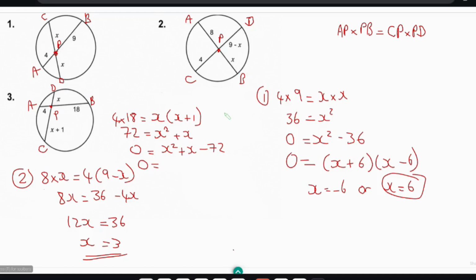So times to get negative 72. Add to get 1. So you've got 1x. We have minus 9. Nope. Positive 9 and negative 8. Because 9 times negative 8 is negative 72. 9 add negative 8 is 1. So x is either equal to minus 9 or x is equal to 8. It's got to be 8. Can't have a negative dimension.